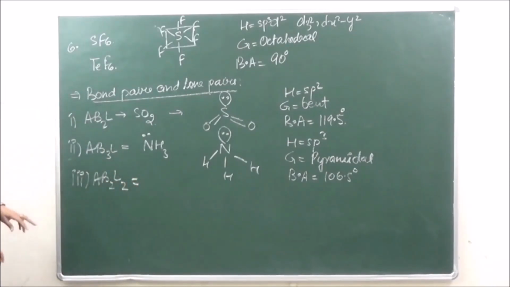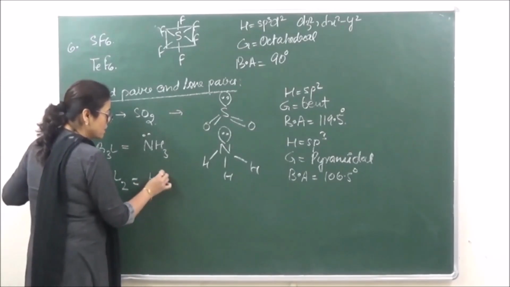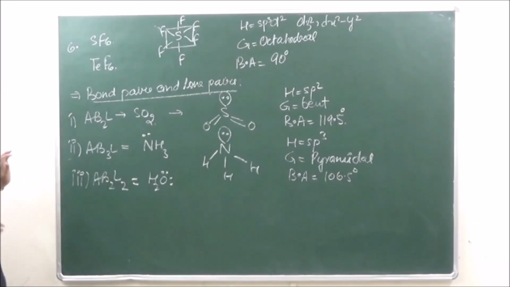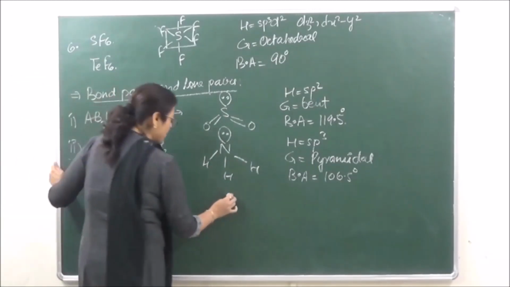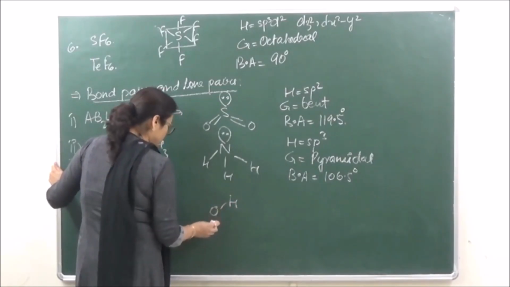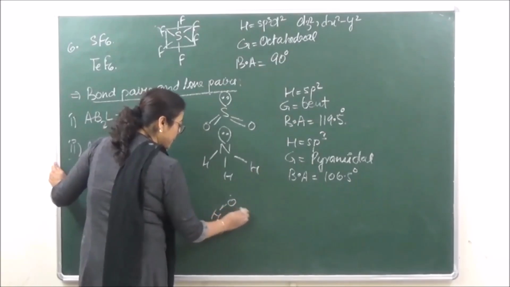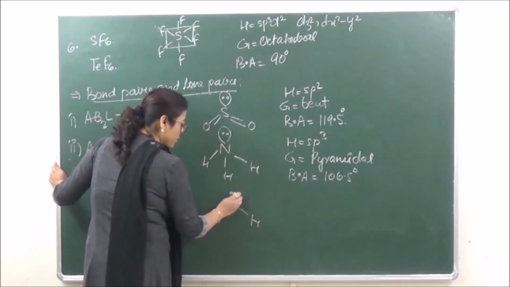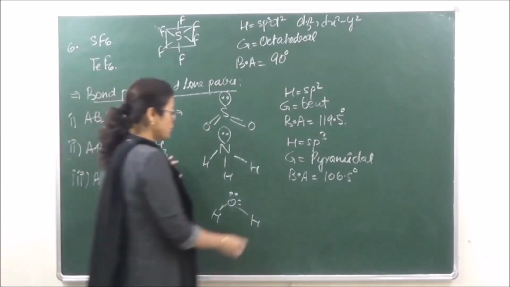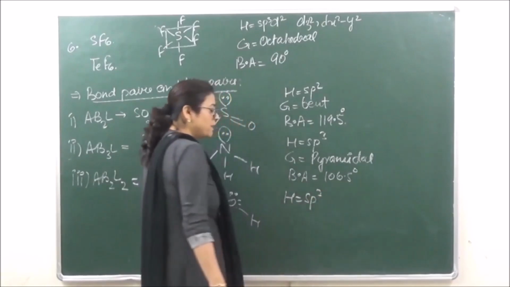AB2L2. There are 2 bond pairs and there are 2 lone pairs. Examples, we can take water. Okay, so यहाँ पे we have the structure of water as okay. Now the hybridization in this case, it is going to be sp3.